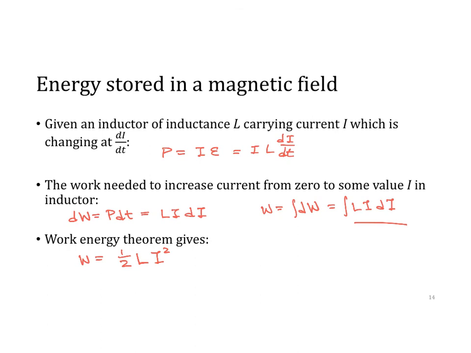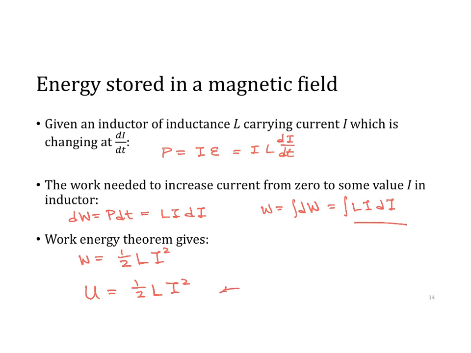All right, so our work energy theorem then would give us that this amount that we had to do to bring the current up to some value is the amount of energy that is now stored in the inductor. So the potential energy that is stored in the inductor looks like 1/2 L times I squared. So that's the energy stored in the inductor.